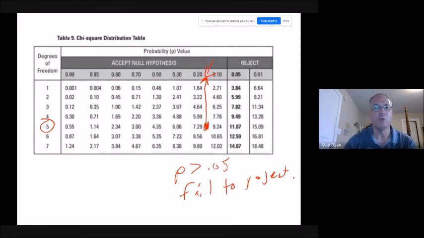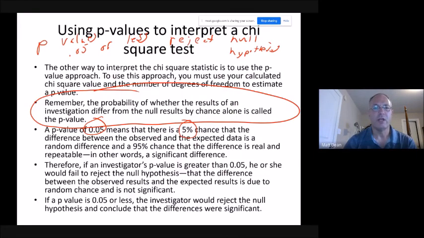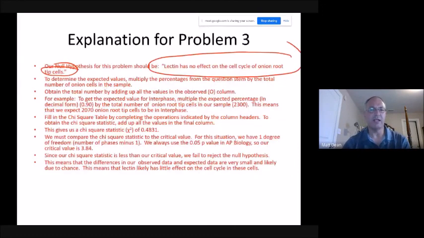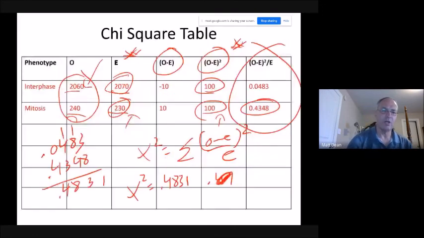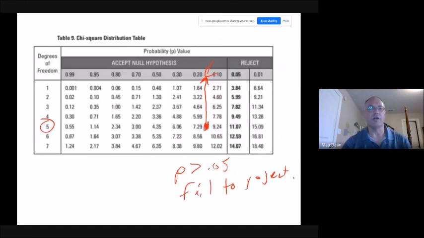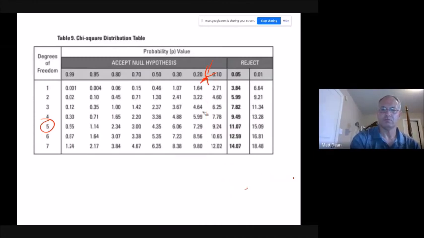All right, let's look at the last one, example 3. So on example 3, we calculated a chi-square value of 0.4831. We only had 1 degree of freedom. So let's go back to our chart. One degree of freedom.